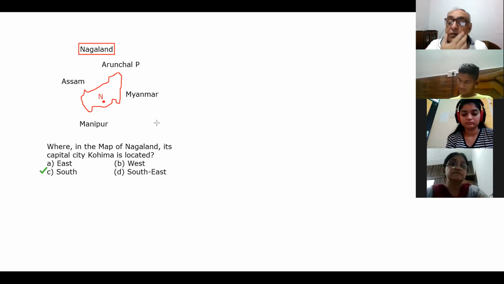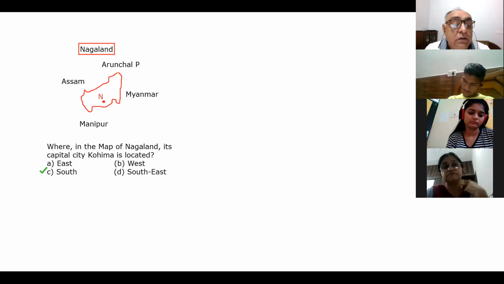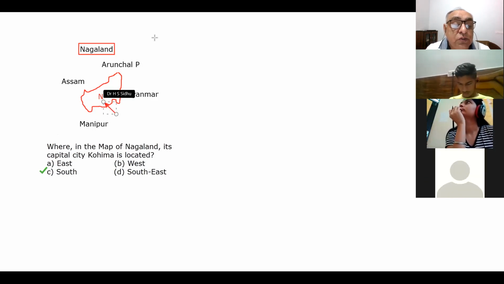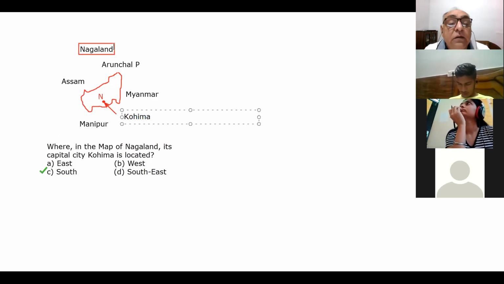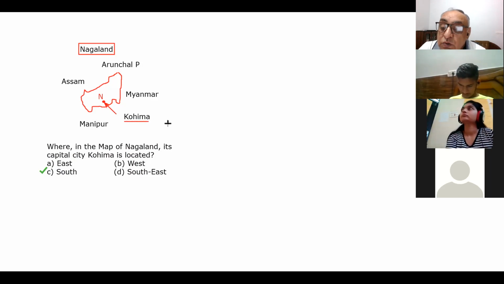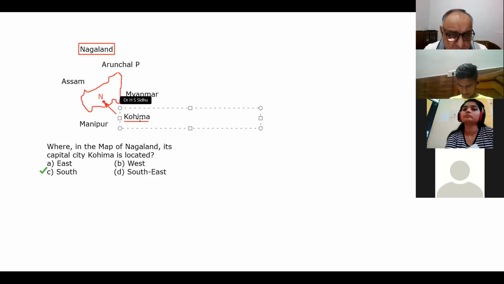You can see the map. It depends on you how you observe the map. So these are the common things which can be asked to you.